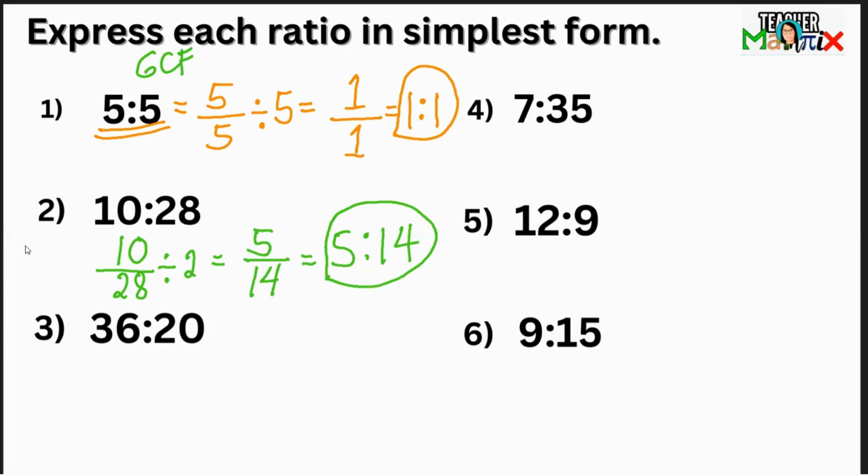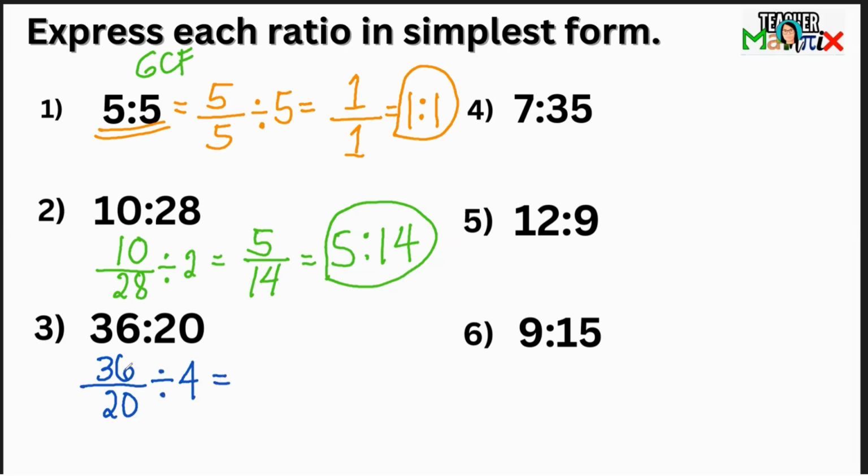Then sa number 3, we have 36/20. So ano kaya ang posibleng GCF nito? Or greatest common factor of 36 and 20? 4.